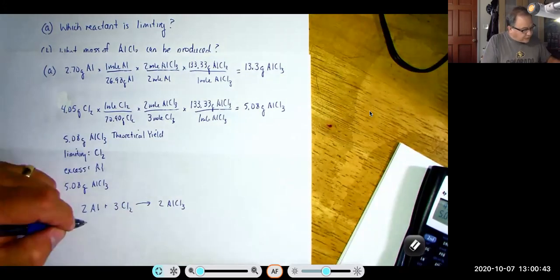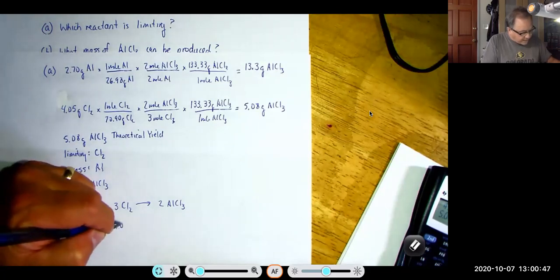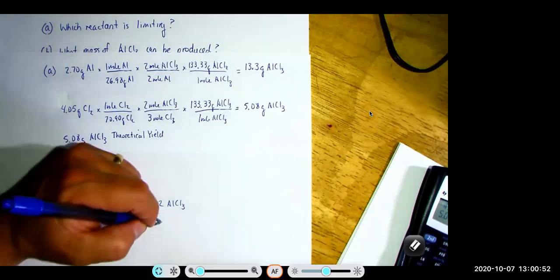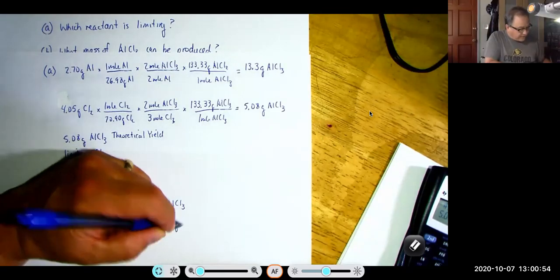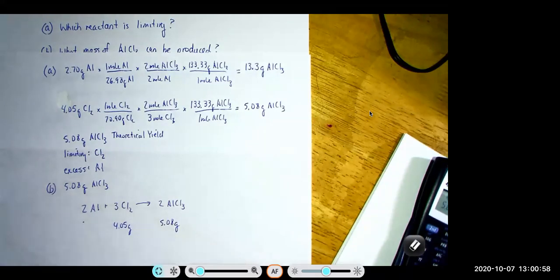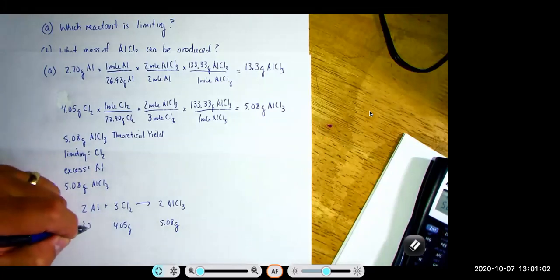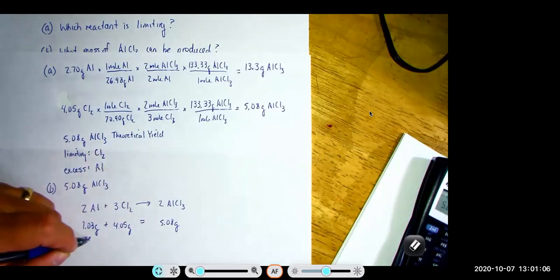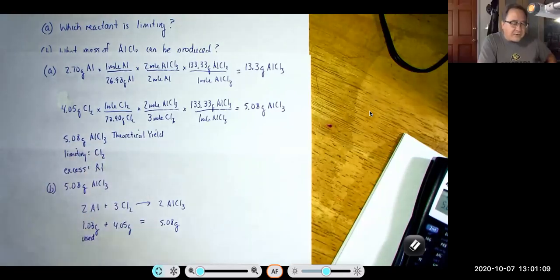We are going to use 4.05 grams of aluminum, right? Right. We're going to get 5.08 grams of aluminum chloride. Right. How much aluminum did we use? Oh. 1.03 grams, right?